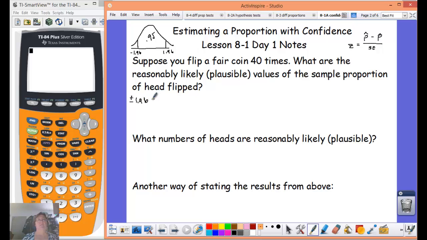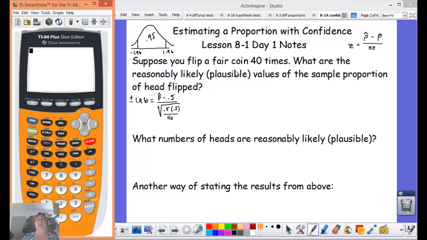We know that that will equal what we're interested in, a sample proportion, minus the known proportion of heads we should get, 0.5, over a standard error. And if you recall from the last chapter, standard error for a proportion is the square root of p times q, that would be 0.5 times 0.5, divided by sample size, and we're flipping 40 times, for p-hat.